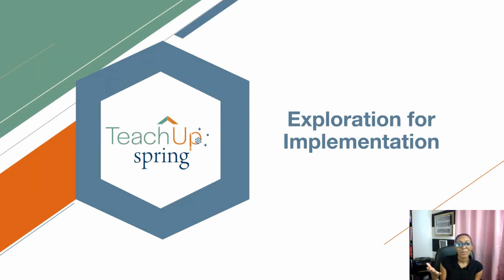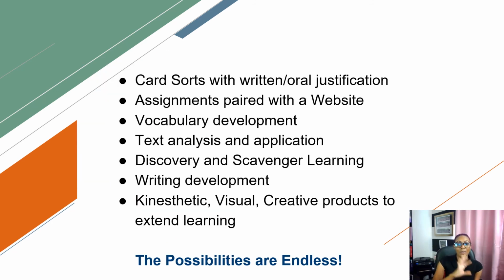So now let's explore some examples of work implemented in actual virtual workstations. So virtual workstations could look like the following: card sorts with written or oral justification, assignments paired with a website, vocabulary development, text analysis and the application of that text.